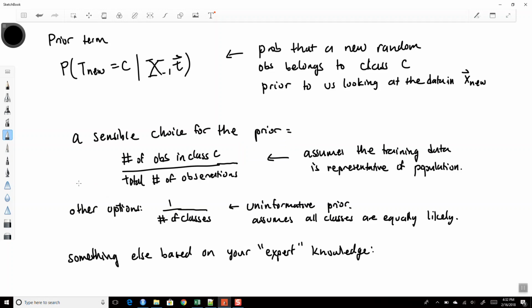Okay, so in R this will be represented by a vector of values with a value for each class. And that vector will have to add up to 1.